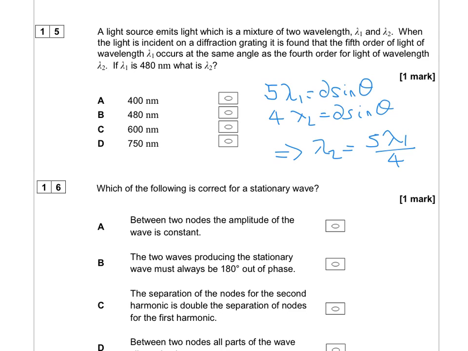So it's going to be 480 divided by 4, which is 120, times by 5, which is 600. So 600 nanometers for that one. I'm getting a lot of C's for these answers. Cool. So the key thing here was recognizing that these two have stayed the same, so then you can equate the 2 equations to each other.